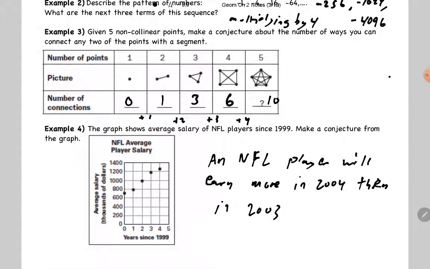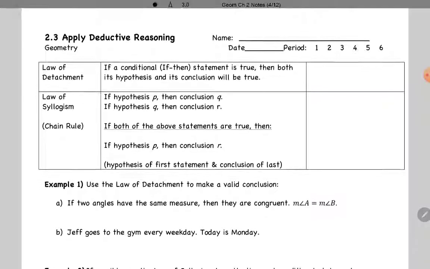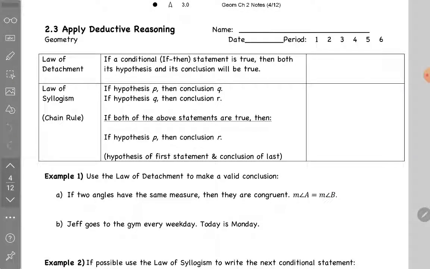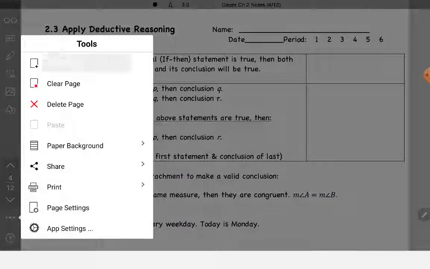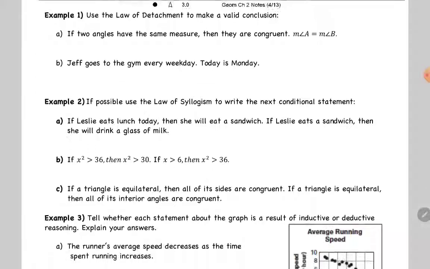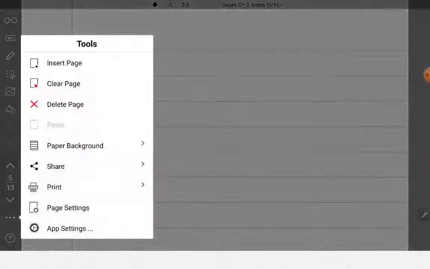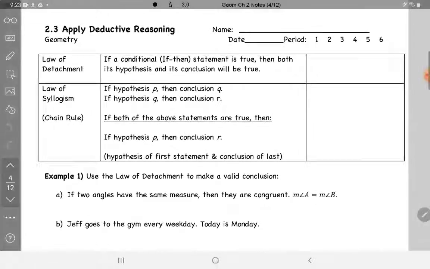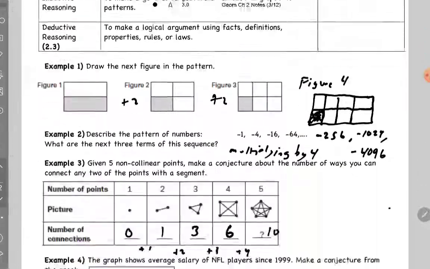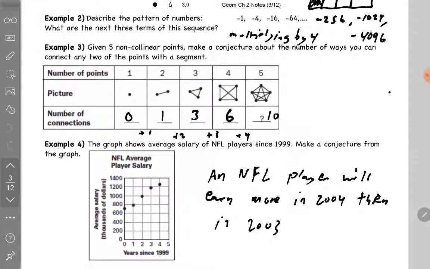You know what? I'm going to add some things. I'm going to insert a page. Oh, I wanted this. Here, let me delete this. Insert page. Insert.